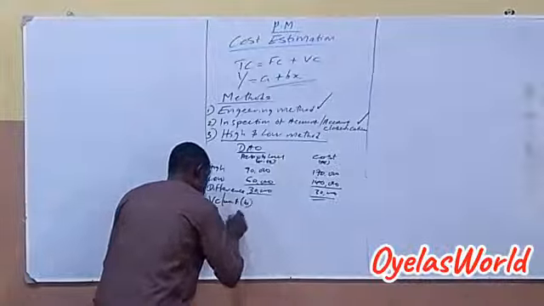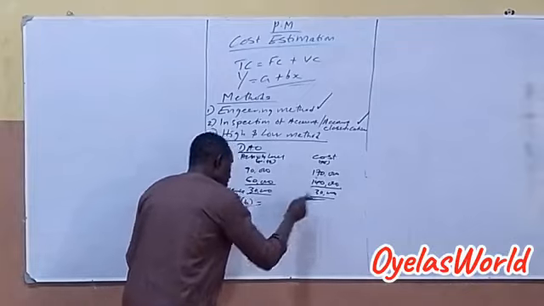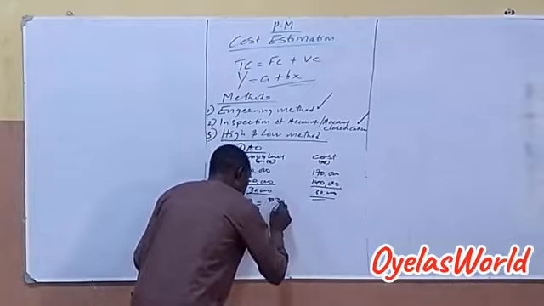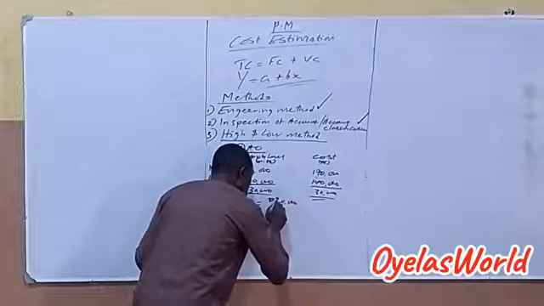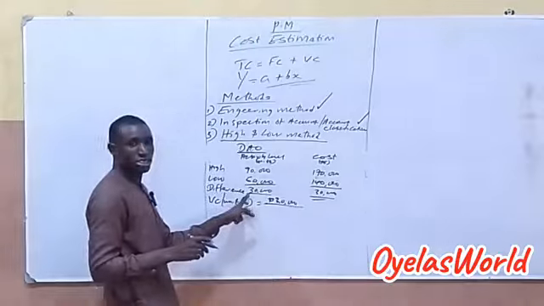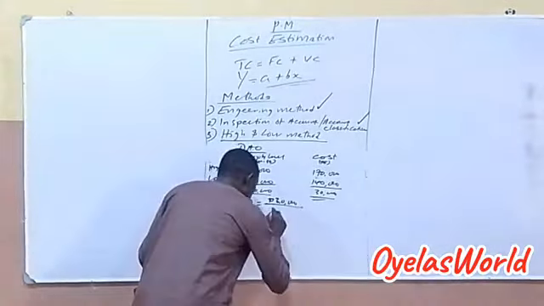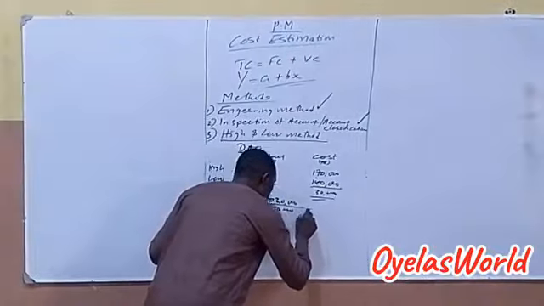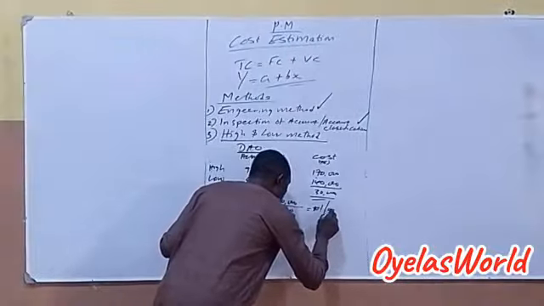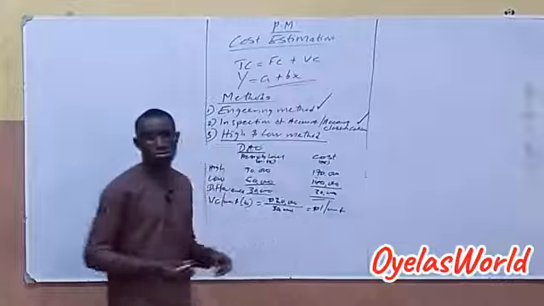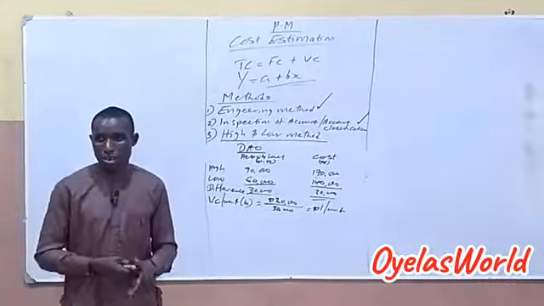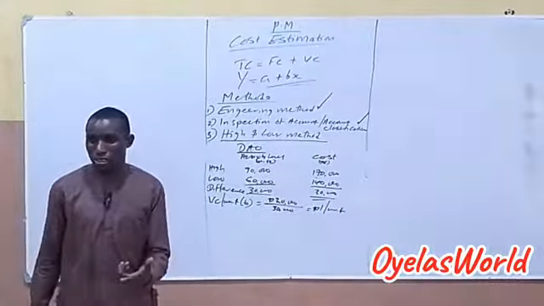Therefore, the variable cost per unit, which is B, will be the change in cost, 30,000 naira, divided by the change in activity level, 30,000 units, which is 1 naira per unit.